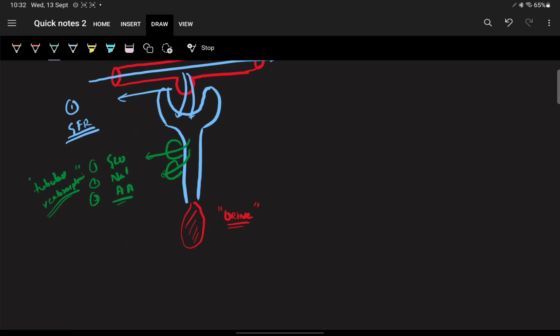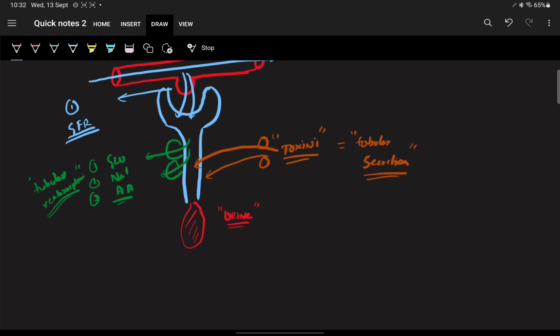Aside from that, certain toxins are also present in our body, and we have to remove these toxins. How can we remove these toxins? By secreting them into the proximal convoluted tubule, and this is called your tubular secretion.